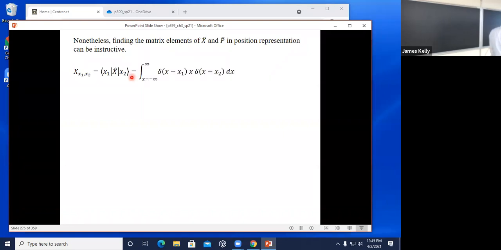So I say, well, what are the states of definite position in the position representation? Well, they're Dirac delta functions. So I have a delta of x minus x2 is the state of definite x2. Delta of x minus x1 is the state of definite x1. And I sandwich the position representation of the momentum operator in between.